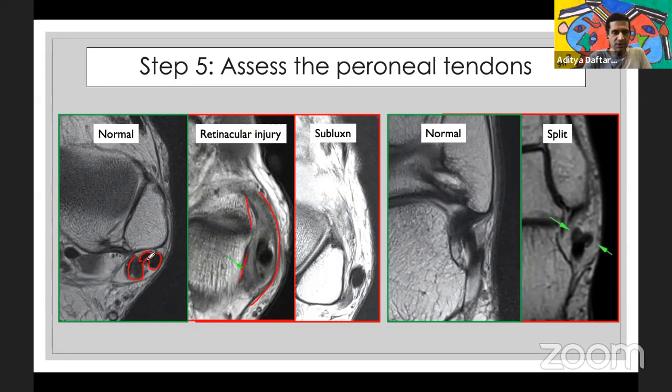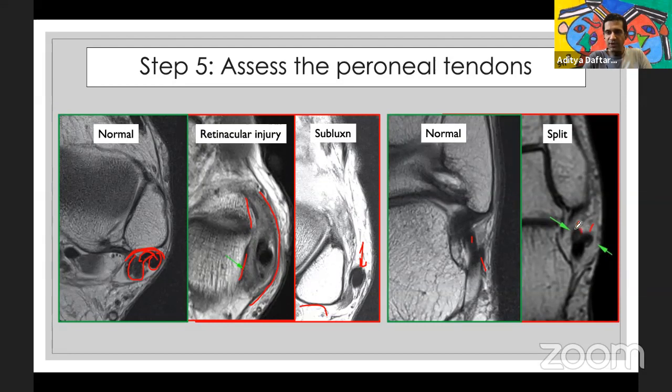In some cases, instead of the tendon sitting behind in the retromalleolar groove, you can see that this is the retromalleolar groove here, but the tendon has subluxed anteriorly. And so you can see peroneal tendon subluxation. And then here you can see that normally you have the two tendons, the peroneus longus and the brevis. But here the peroneus longus has split, and the peroneus brevis has gone in between them.